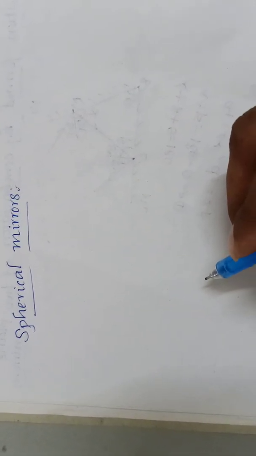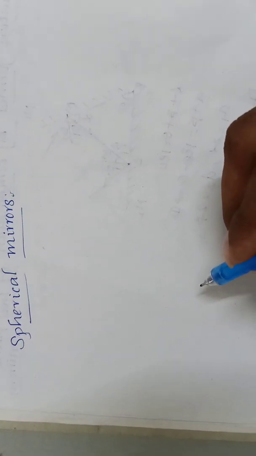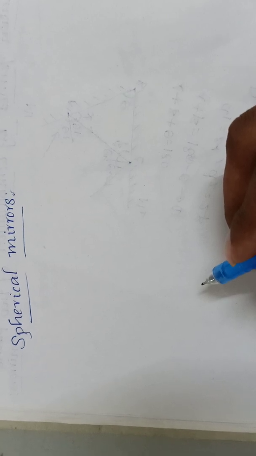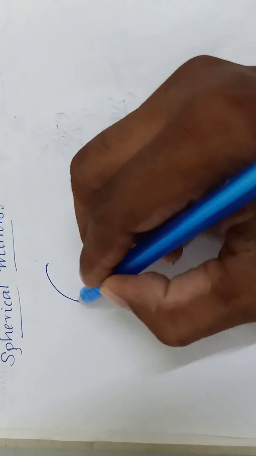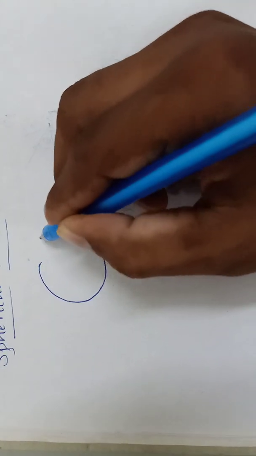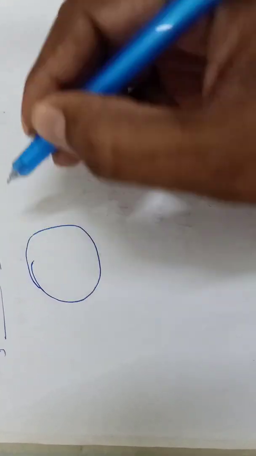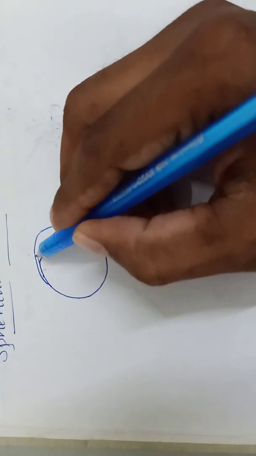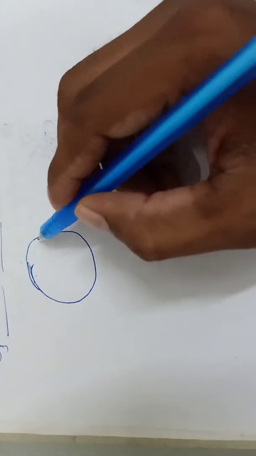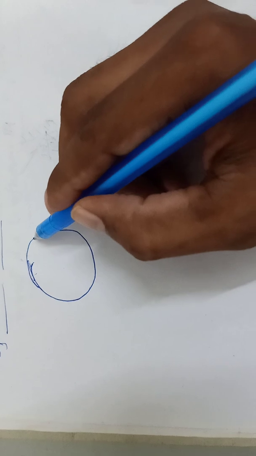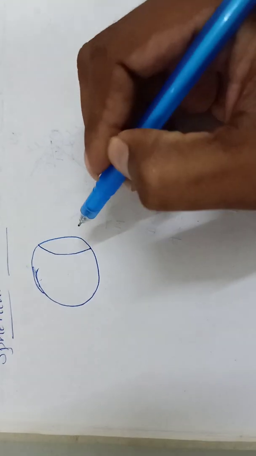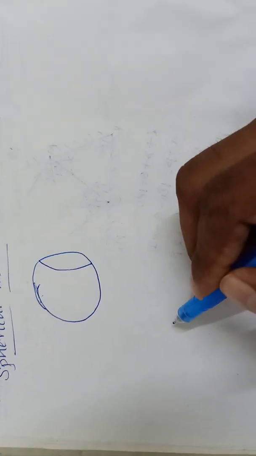Spherical mirrors. A spherical mirror is a small part cut from a hollow sphere of glass. Suppose one sphere of glass. In this, we are cutting and taking a small part.